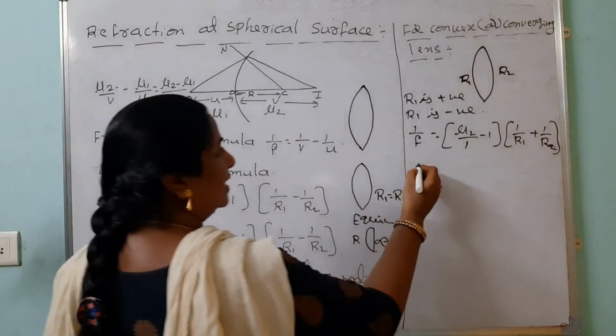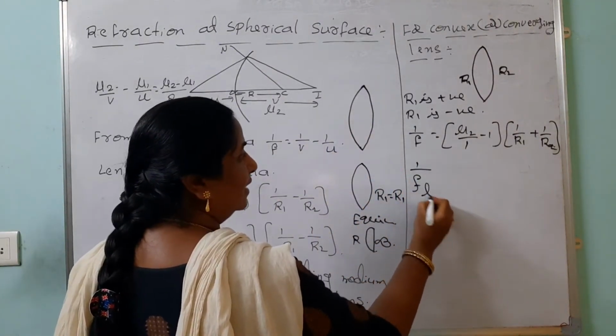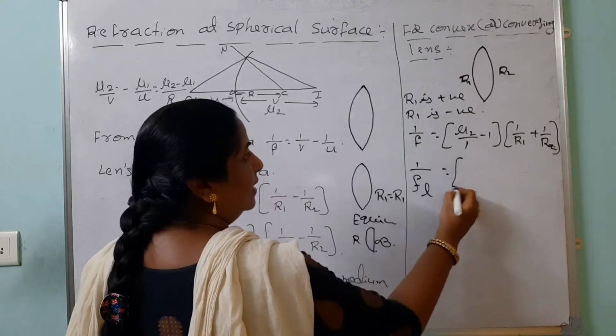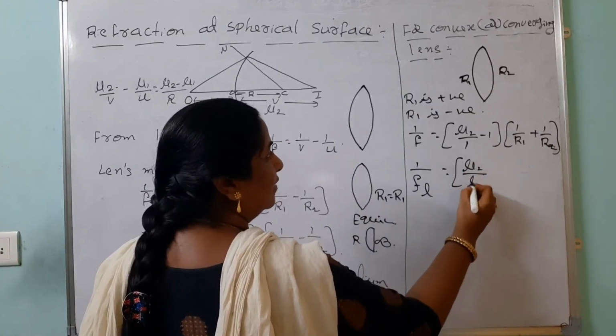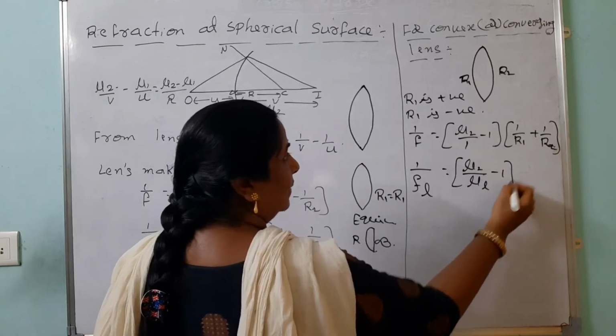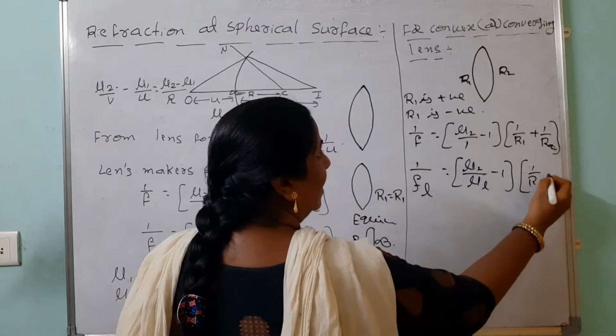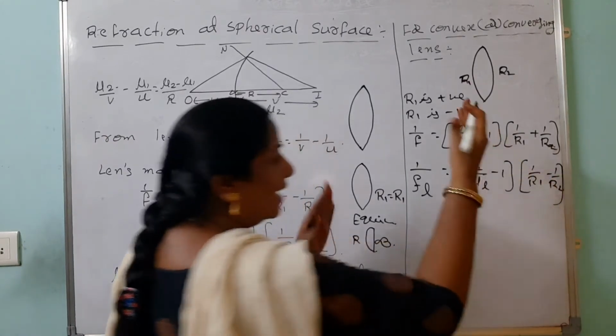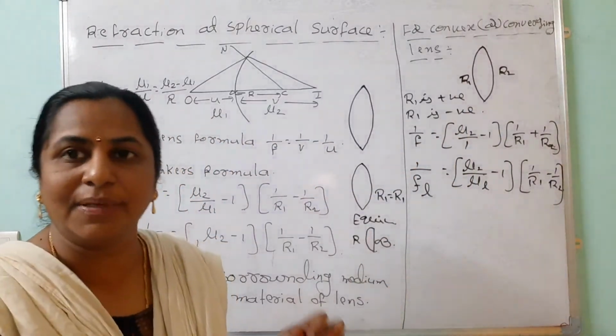Suppose we are placing the same lens in liquid. At that time the focal length in the liquid is 1 by fL equals mu2 by muL minus 1, into 1 by r1 minus 1 by r2. Means the entire lens we are dipping into the water.